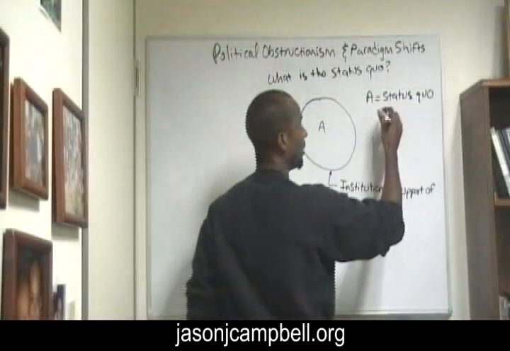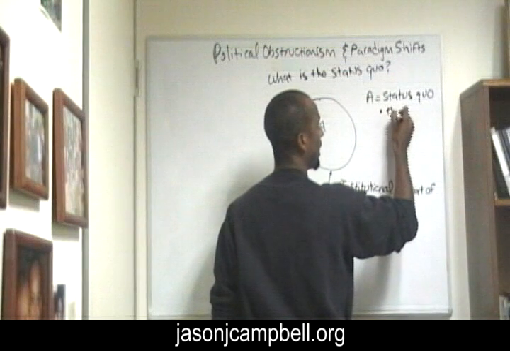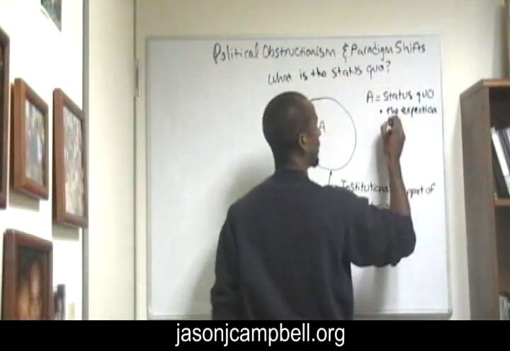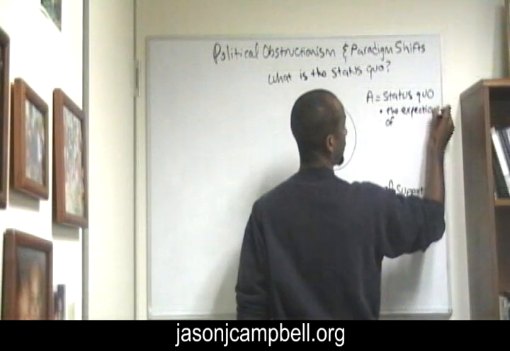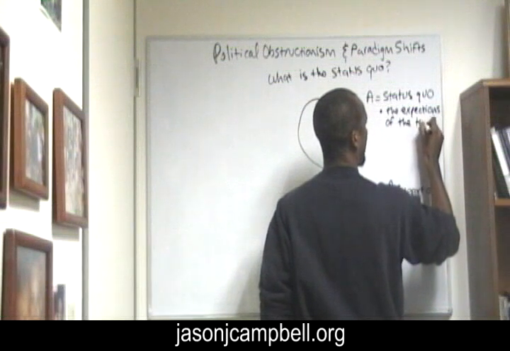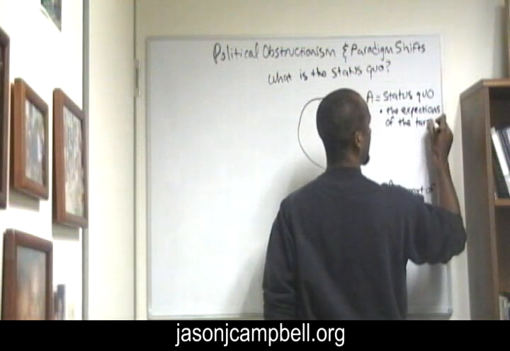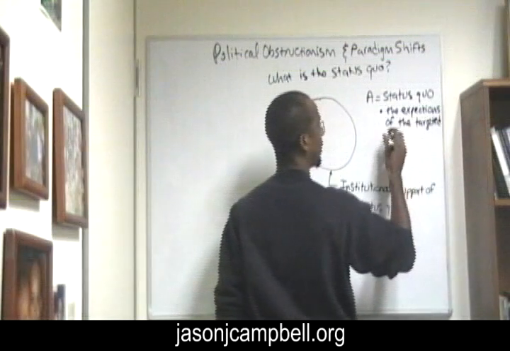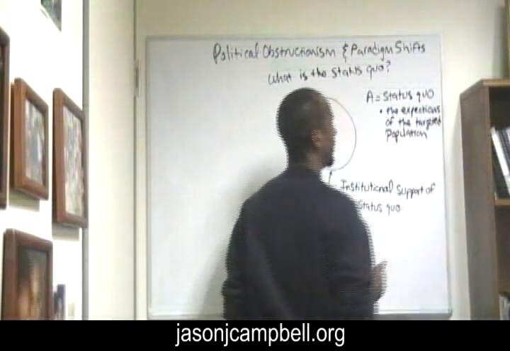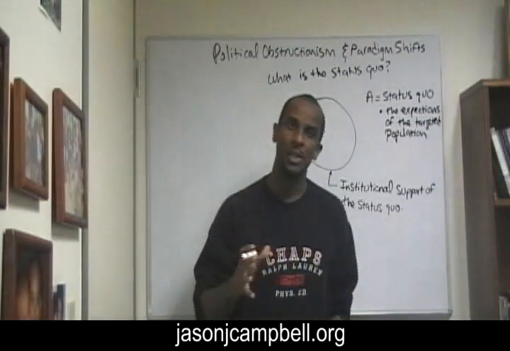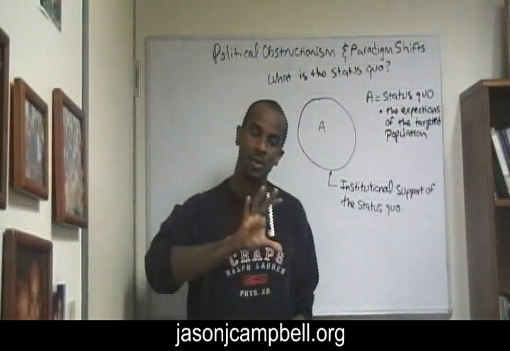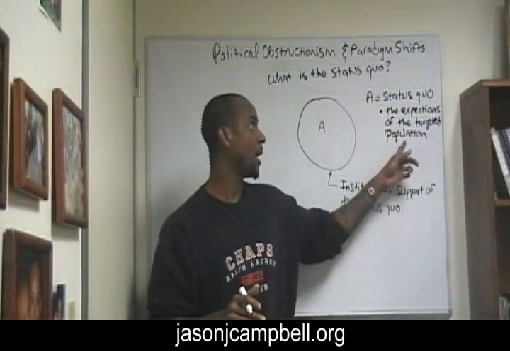So, to talk a little bit about the status quo, it is the expectations of the targeted population. There's a population, and that population has certain expectations. Now you can see that the status quo will change if the population changes.